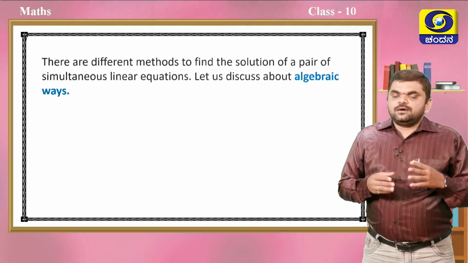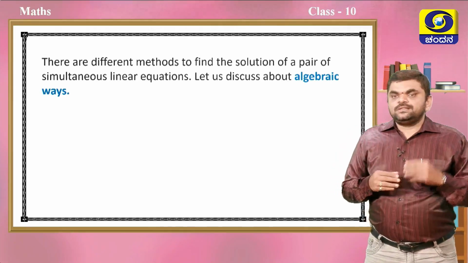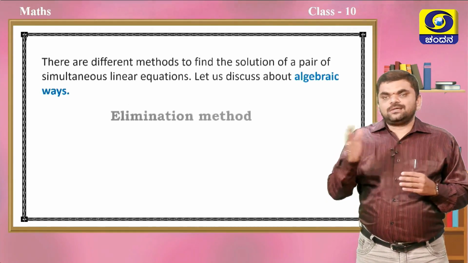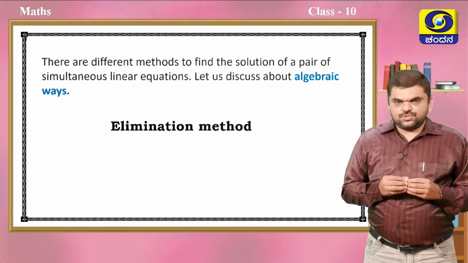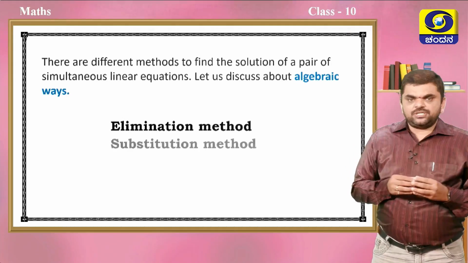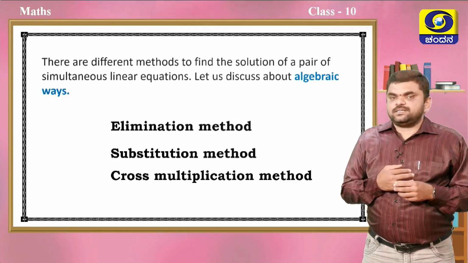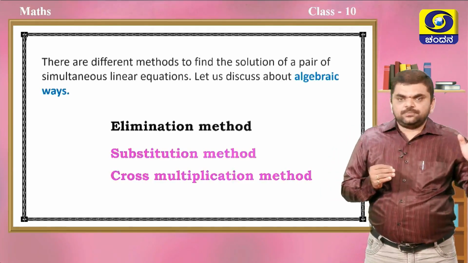Children, in our previous class we discussed the three algebraic ways to solve simultaneous linear equations, this pair of linear equations. First one is elimination method, second one is substitution method, third one is cross multiplication method. We already know what is elimination method.